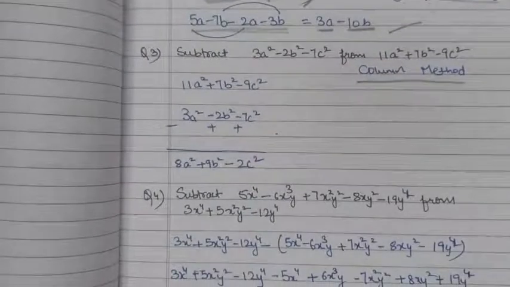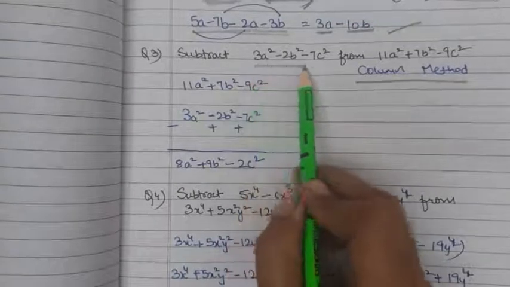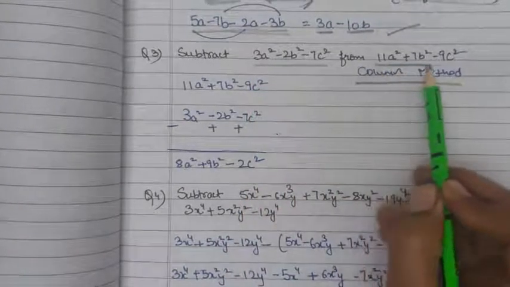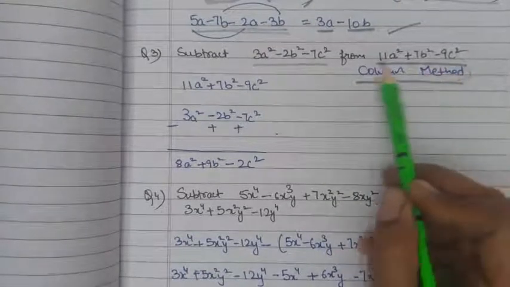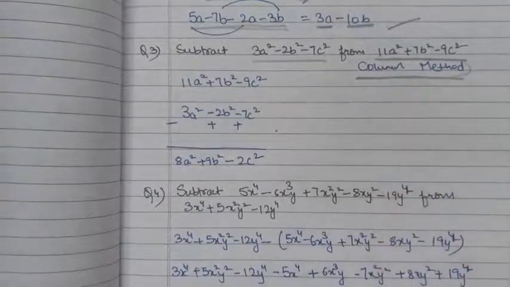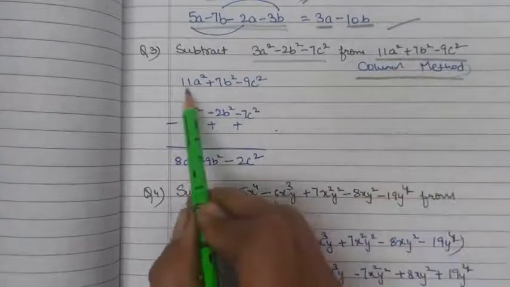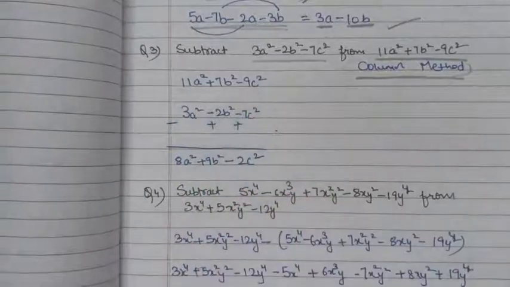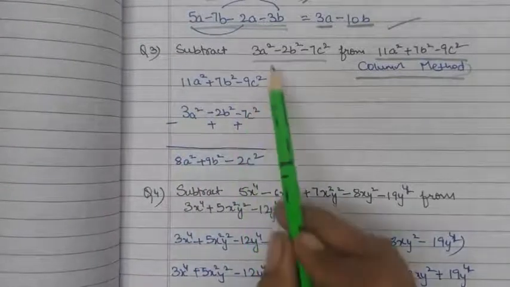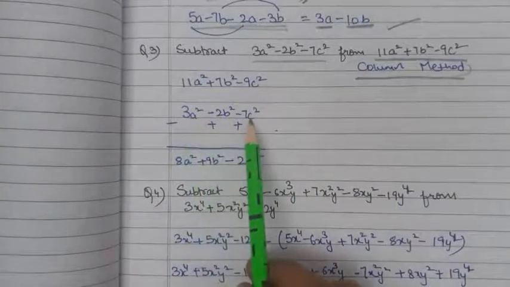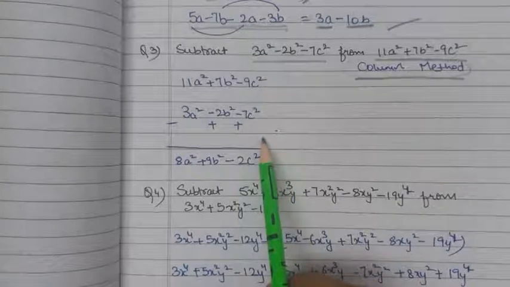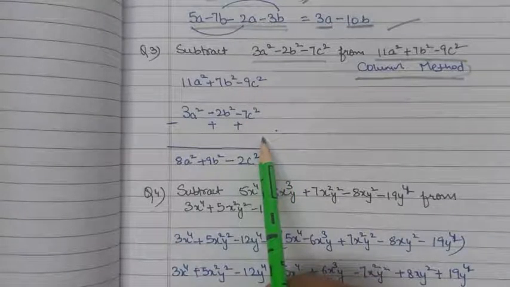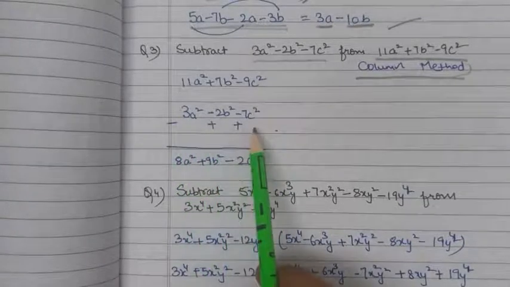In the third question, we have to subtract this expression from this expression. And I am following the column method here. In the same way, we have written this expression first, and then we have written the second expression. Students, in the column method, we are not putting the bracket. So what will we do here? We will interchange the signs.